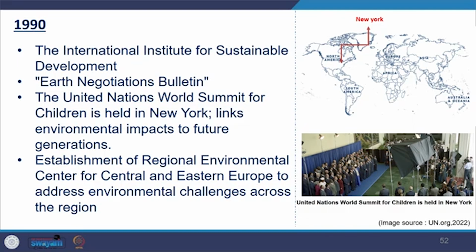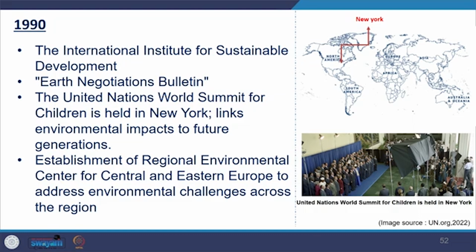So in the year 1990, we witnessed the formation of the International Institute for Sustainable Development. In this year, it was formed, and it began the publication of the Earth Negotiations Bulletin to record international negotiations, how everyone was negotiating on environment and development.